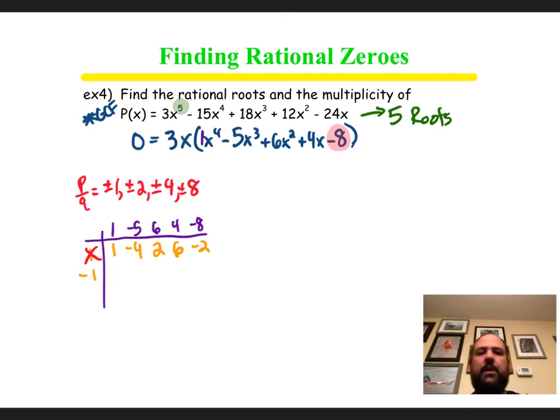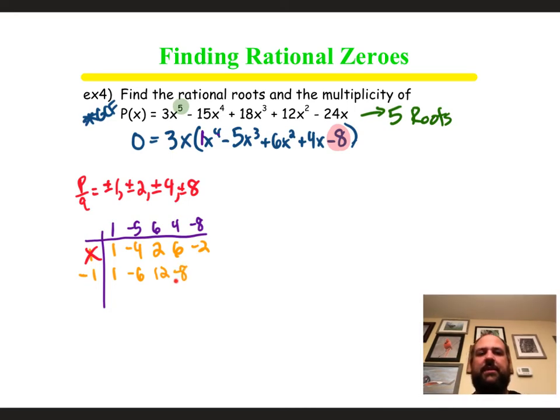Let's do it. So we'll try -1. Bring down the 1 again. -1 times 1 is -1, plus -5 is -6. -1 times -6 is 6, plus 6 gives me 12. -1 times 12 is -12, plus 4 is -8.